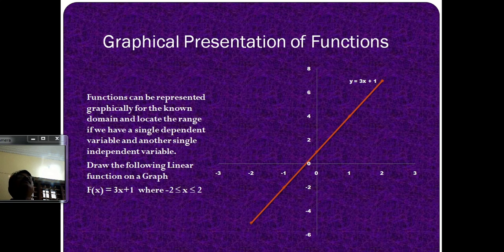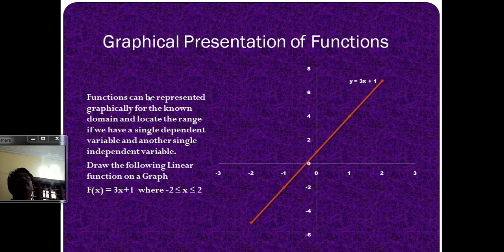Linear equations are equations with highest degree or the highest power as 1 attributed for that variable. For example, y is equal to 2x plus 1. It's a linear equation or a linear function. When you represent a linear function graphically, you will get a straight line.